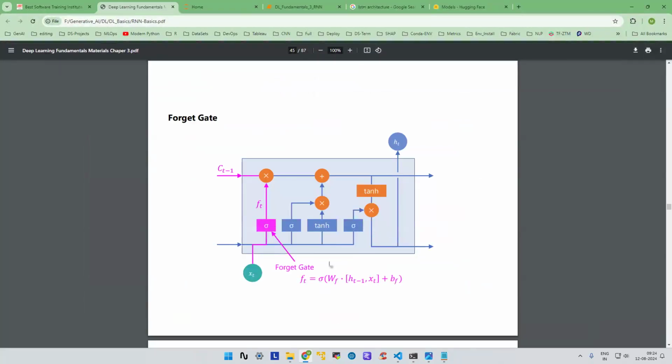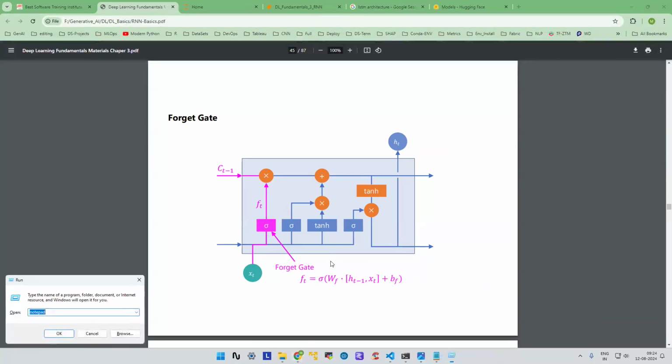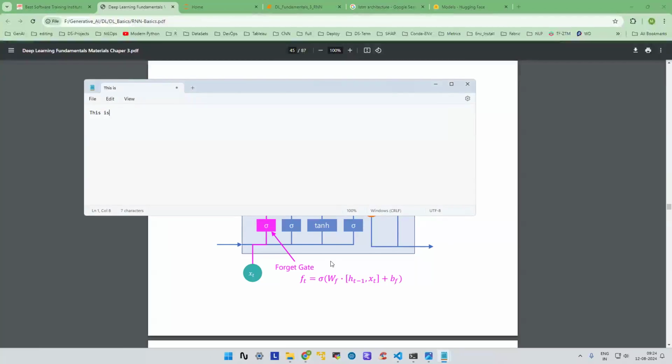It's going to take every word or character, based on how we train, and decide whether this particular word needs to be forgotten or not. Let's take "this is machine learning", and "is" is not required. It feels that it has to forget it, so it gets a very low weight, so that it does not pass the threshold.